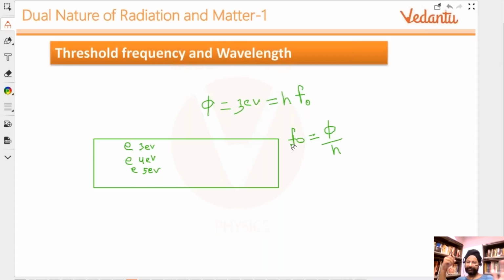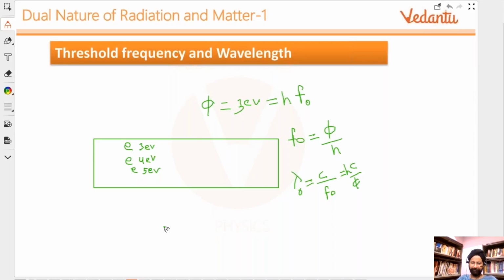So in our case earlier, if blue light is emitting the electrons, ultraviolet will happily do that. Radio waves cannot do that, or not even green light can, right? So this is the threshold frequency, and the corresponding wavelength, which is the speed of light divided by frequency, will be c divided by phi times h, that is hc by phi. That is the threshold wavelength.